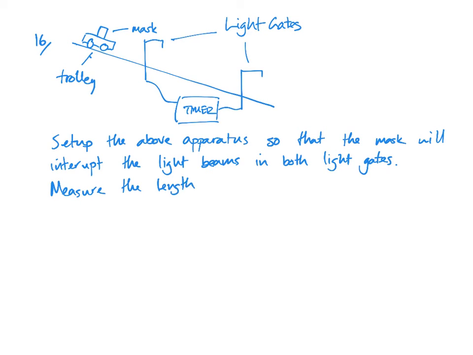Then we get down to the detail of what measurements we need. We need the length of the mask, which we can simply get using a ruler. And then we've actually got quite a lot of times involved.